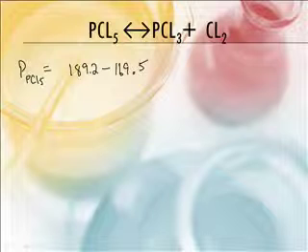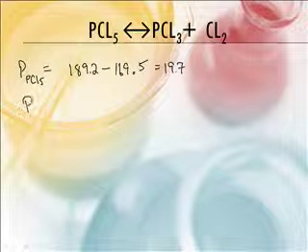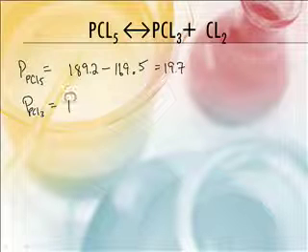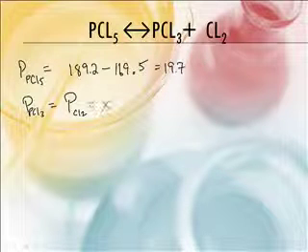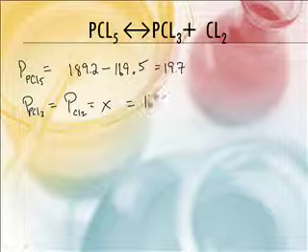On my calculator, 189.2 minus 169.5 yields 19.7. And then the partial pressure of the PCl3 is the same as the partial pressure of the chlorine, which was x, which is 169.5.